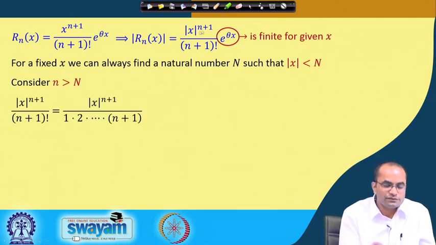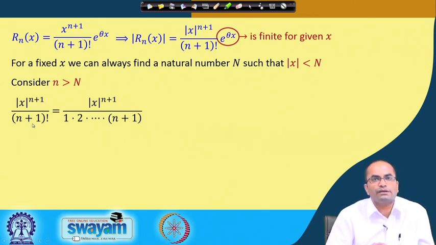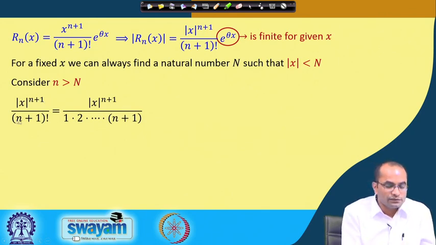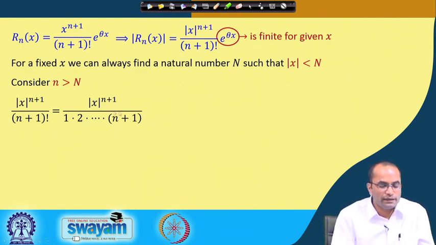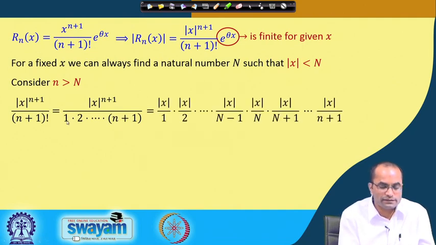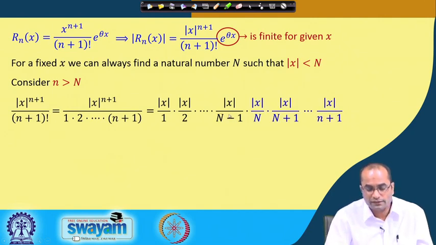Now, we consider this term, modulus x power n plus 1 over factorial n plus 1. This factorial n plus 1 is the product of n plus 1, n, up to 1, and we have here modulus x power n plus 1. So, we can write this in the form of a product: modulus x divided by 1, modulus x again divided by 2, and so on.